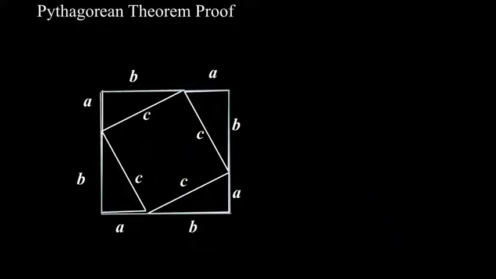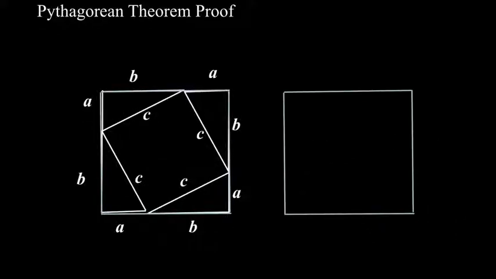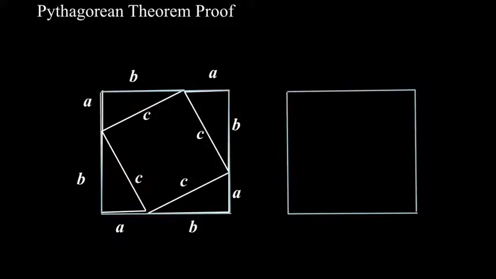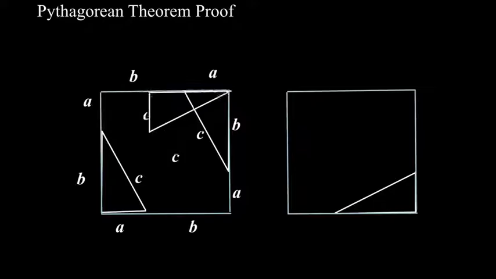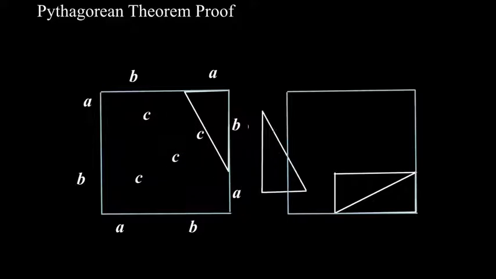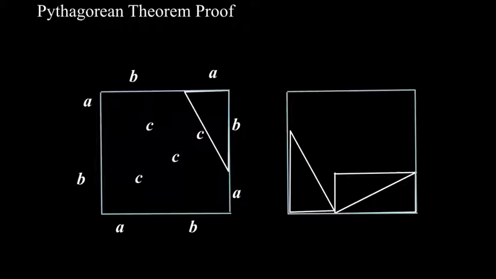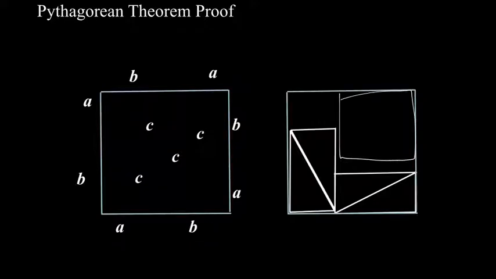If I rearrange those triangles, and I do it like this, I move this one here, and this one here, and move this triangle here, I'm going to end up with two squares here.